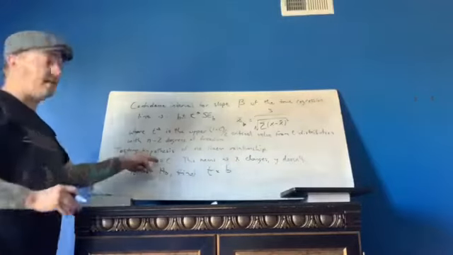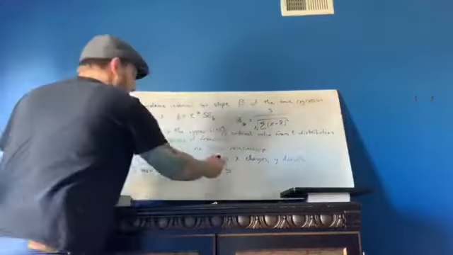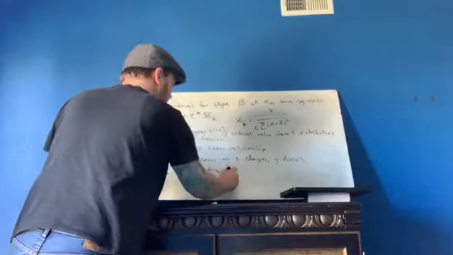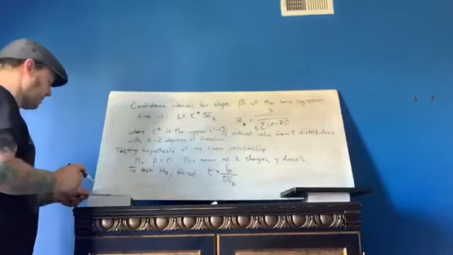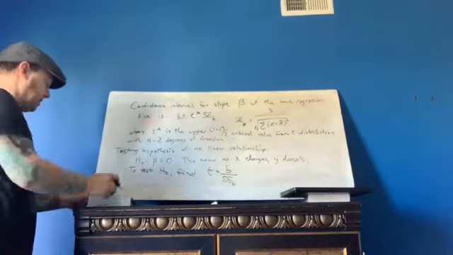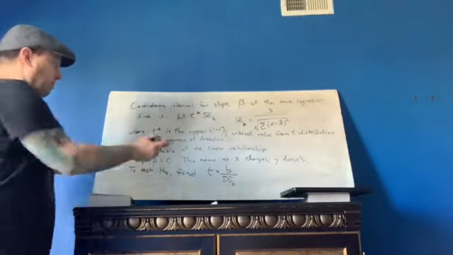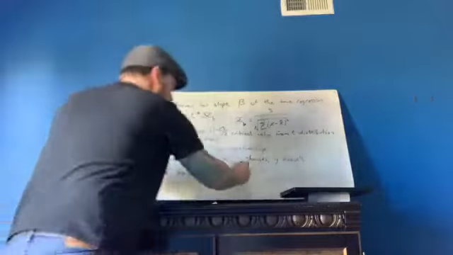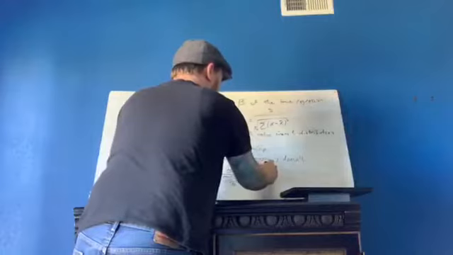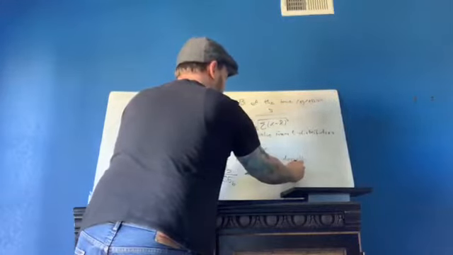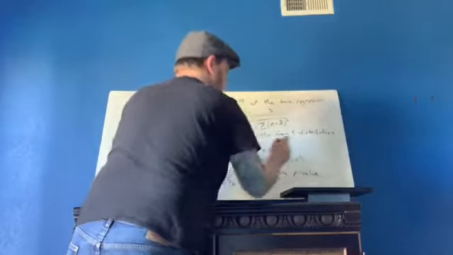Minus beta, but beta is 0, so we just leave it as b over SE b. Okay? So that's it. And find the p-value.